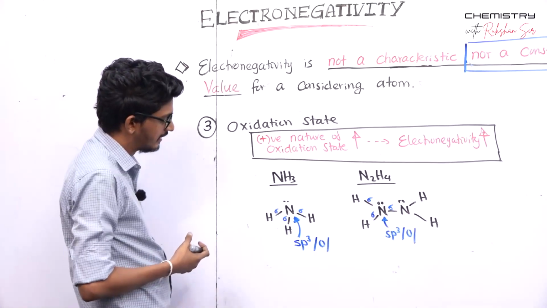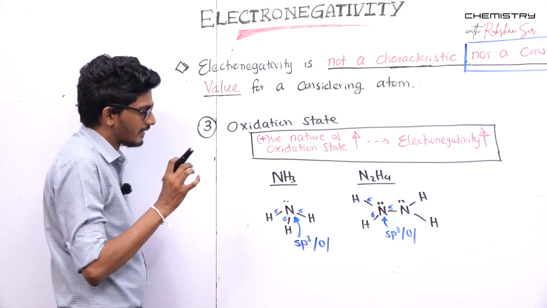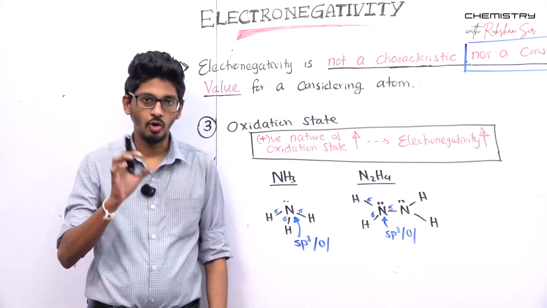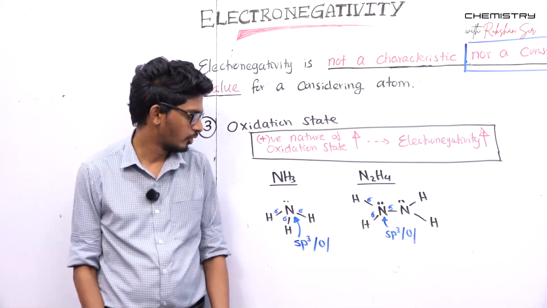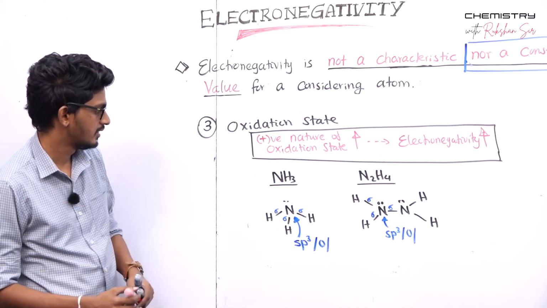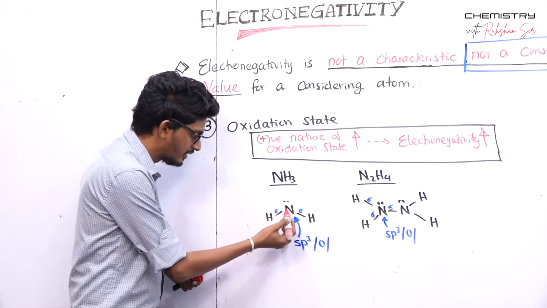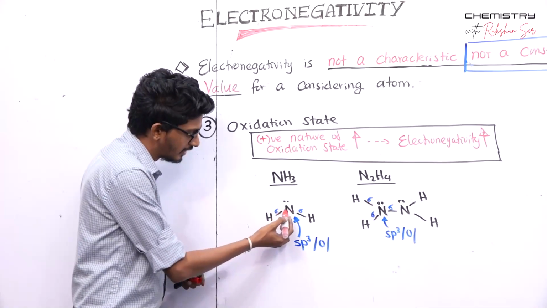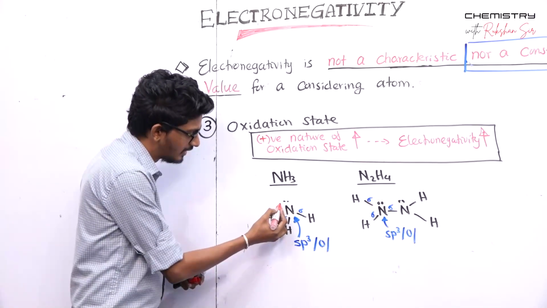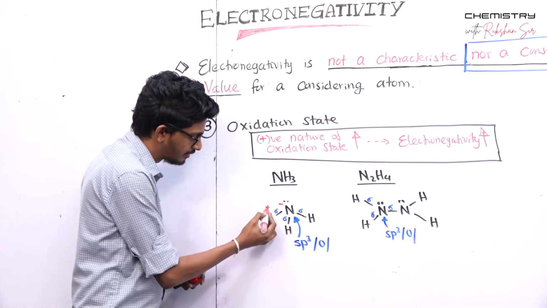As a definition, the oxidation state is the charge on the atom if all the bonds are referred to as ionic. The charge on your atom if all the bonds are considered ionic. Let's see. If this bond is ionic, the electrons are attracted towards the more electronegative atom. That means this forms a negative charge and this comes with a positive charge.